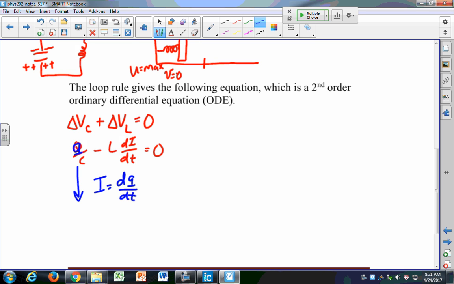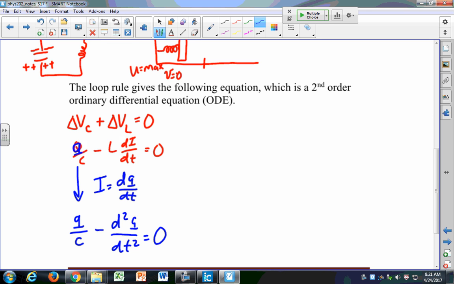And so I can rewrite this as q over c minus L d squared q dt squared. And that's equal to 0. So this is my second order differential equation. It's a second order because I have a second derivative here instead of a first derivative like I had in the previous one. So what I want to do is figure out a solution for q that will give me this equation to be 0.